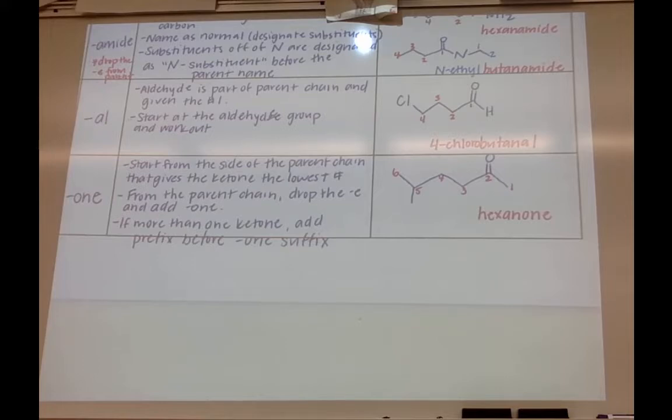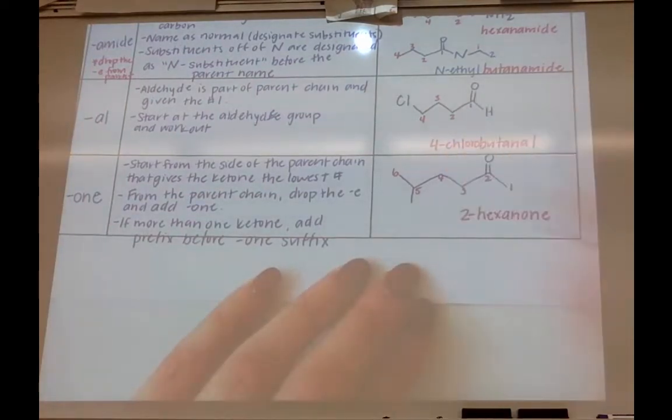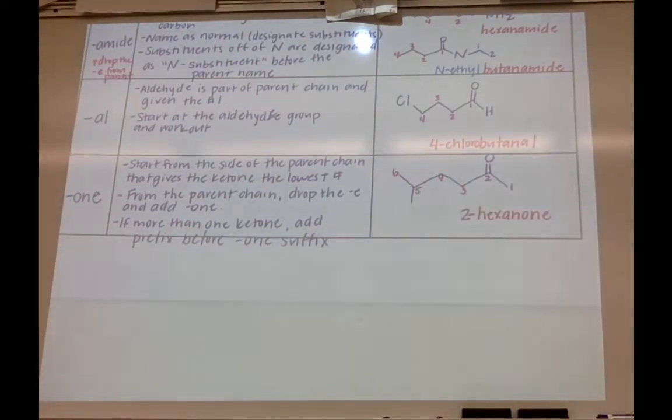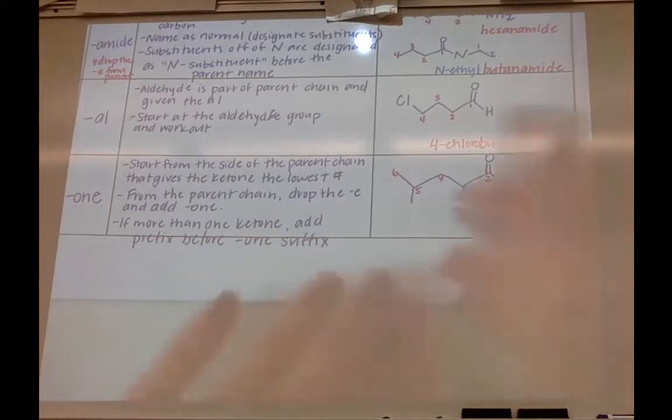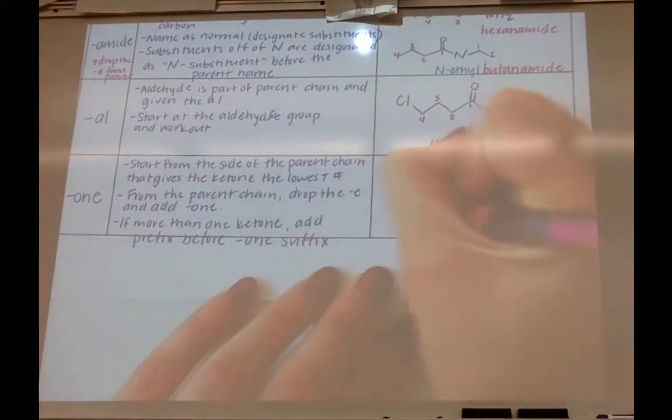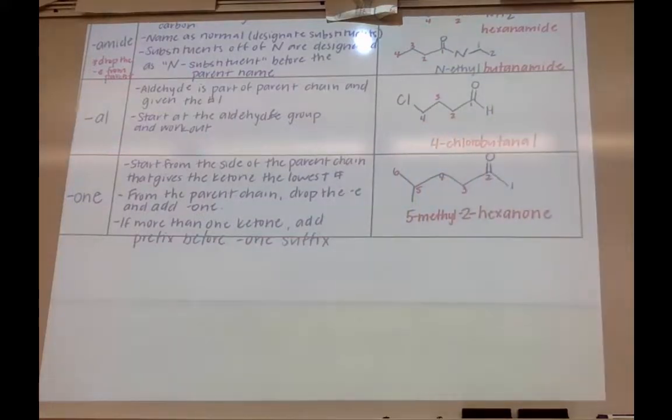What carbon is the ketone on? 2. So the parent chain here is actually 2-hexanone. Are there any substituents? Yes. Off of what carbon? 5. So we'll do 5-methyl-2-hexanone.